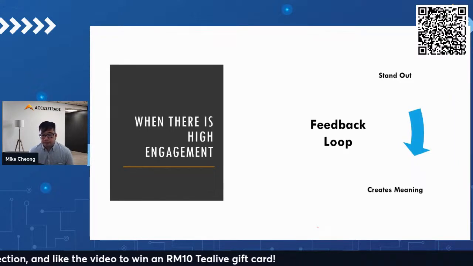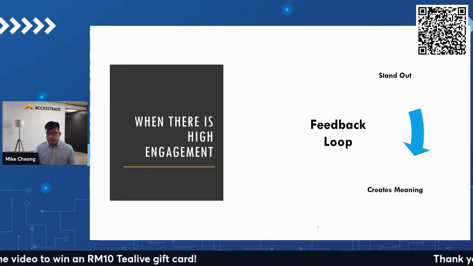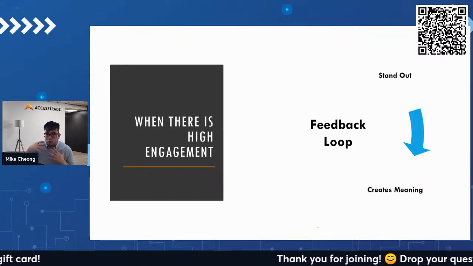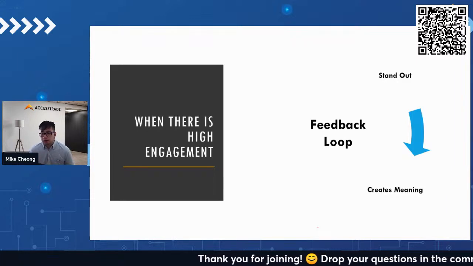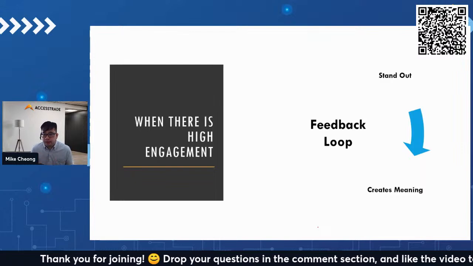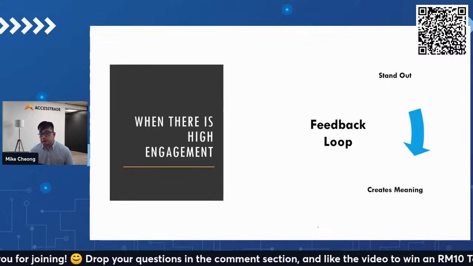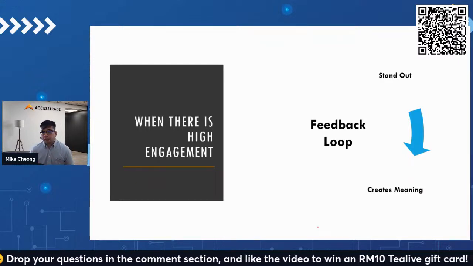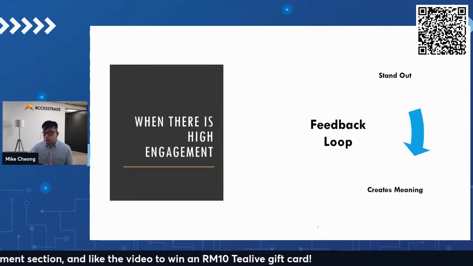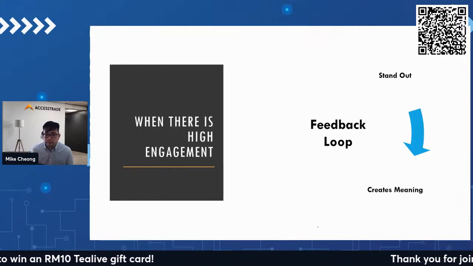After that, when you have more engagement, you can create more meaning to your content. You can start campaigning on deeper levels. For example, if you have a skincare product, you can create more meaning to it, as in dive into deeper topics, right?